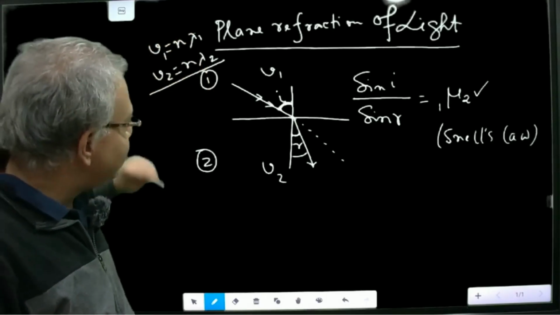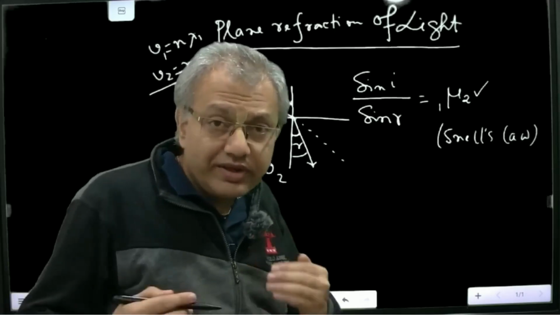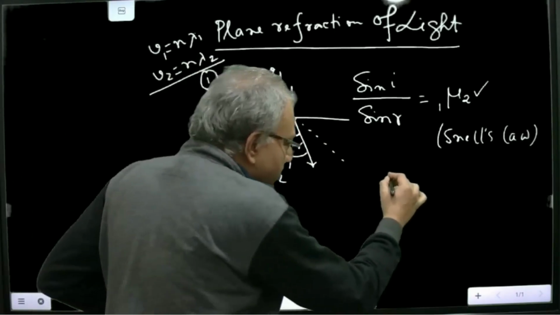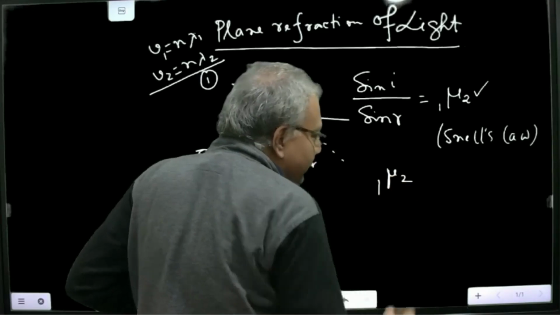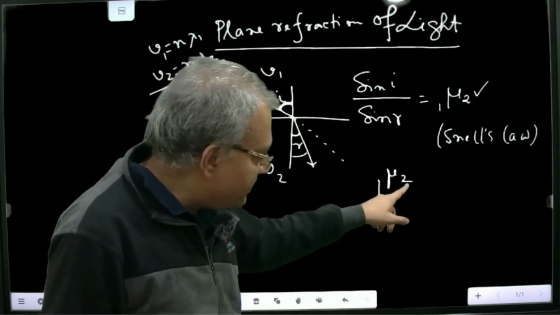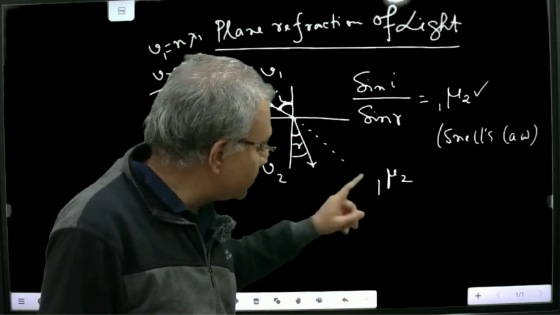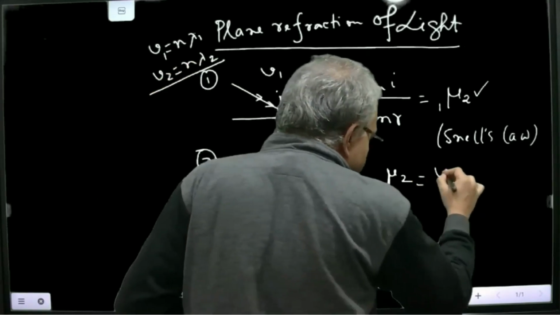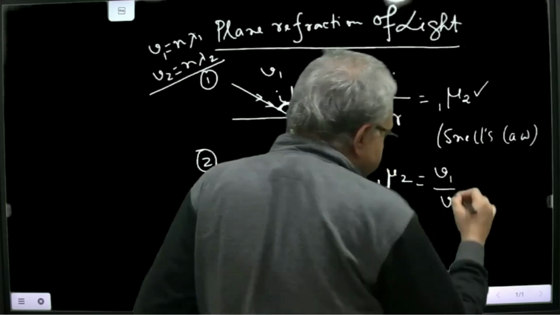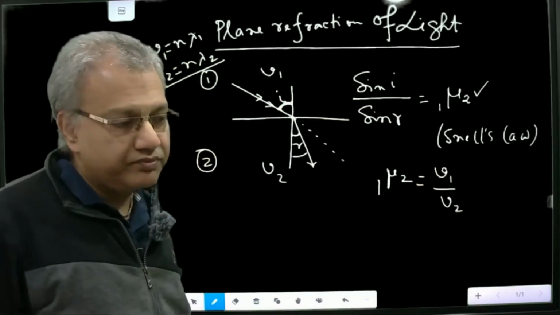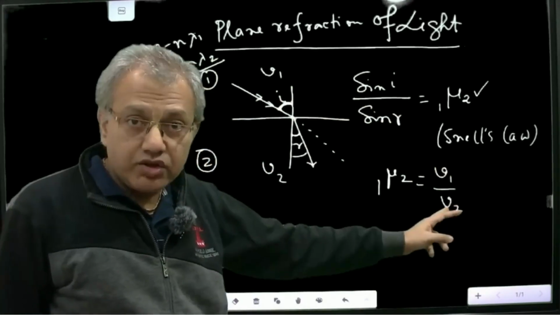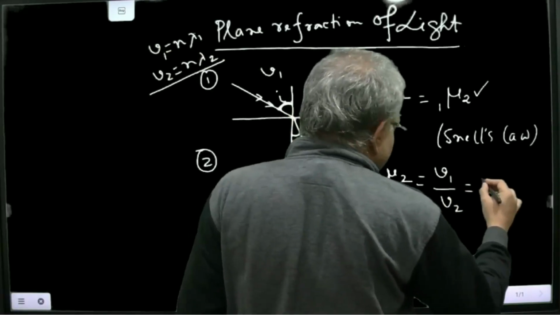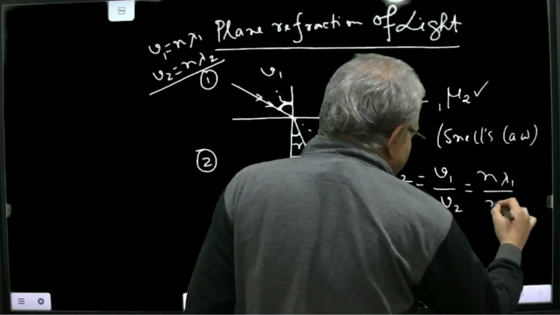So now you can see that we can define the refractive index of medium 2 with respect to medium 1. How are we going to write this? The refractive index of medium 2 with respect to medium 1, we write as v1 by v2. We write this ratio. v1 divided by v2, this is a ratio, isn't it? Then we can write it this way: n lambda 1 divided by n lambda 2.